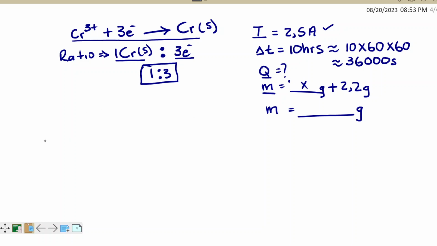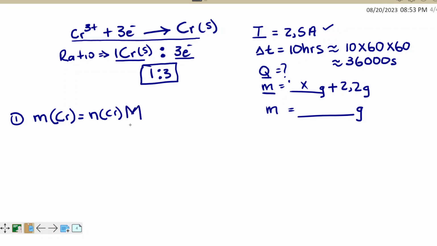Okay, let me give you now a map of what we are going to go through. The first calculation that we must do is to find the mass of the chromium. The mass of chromium is the number of moles of the chromium multiplied by the molar mass.